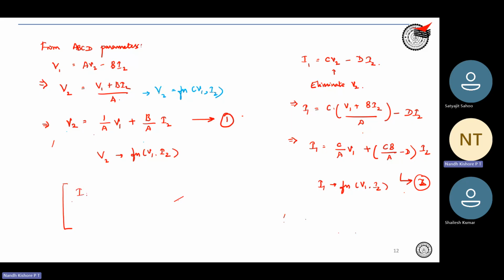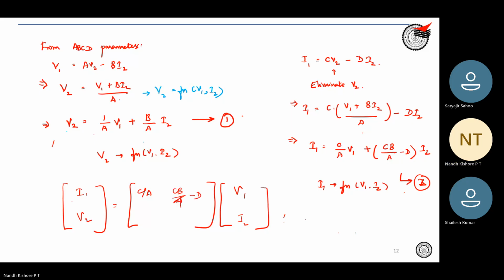G parameter is basically I1, V2 as a function of V1, I2, correct? So this is C by A and this is CB by A minus D, and this is 1 by A and this is B by A. We already know the values for A, B, C, D. Just substitute over here, you will get the answer.